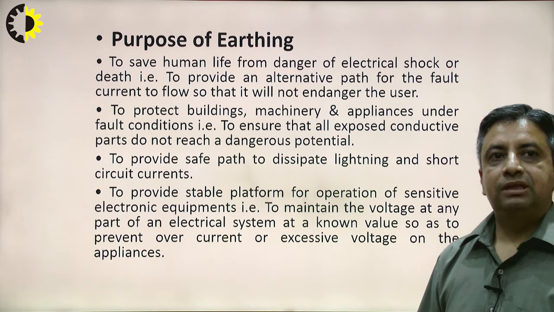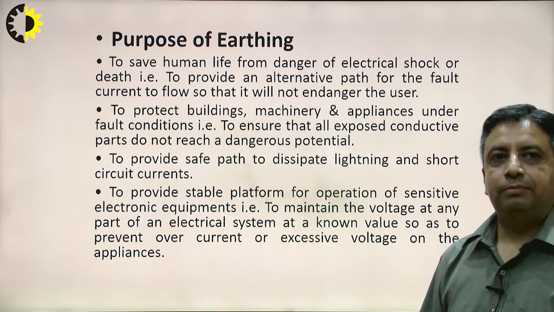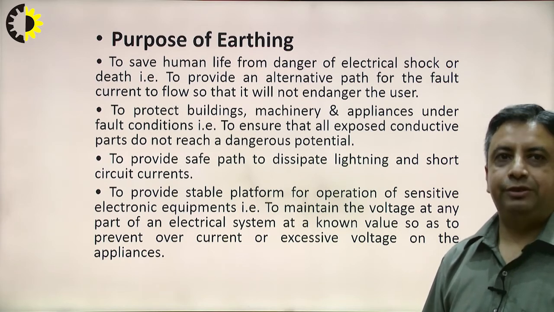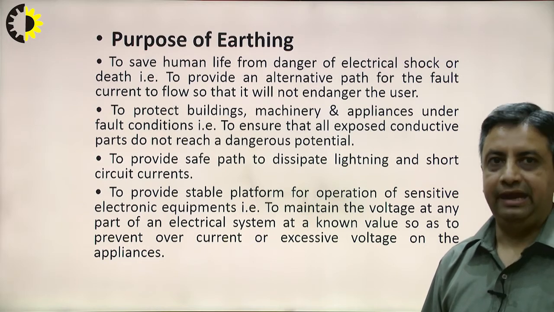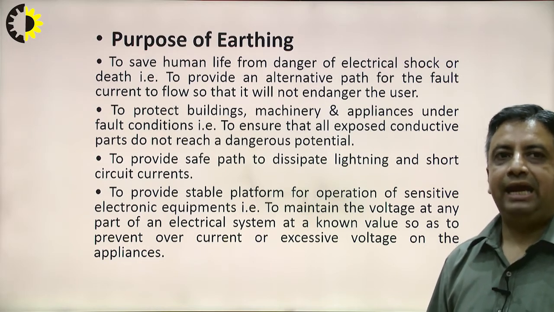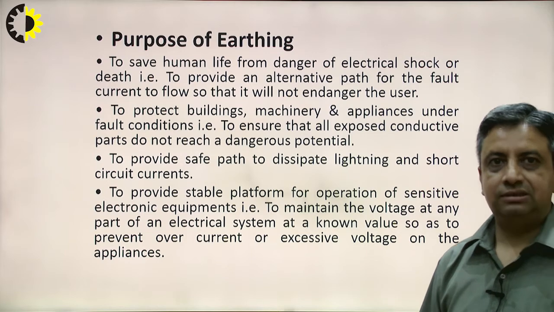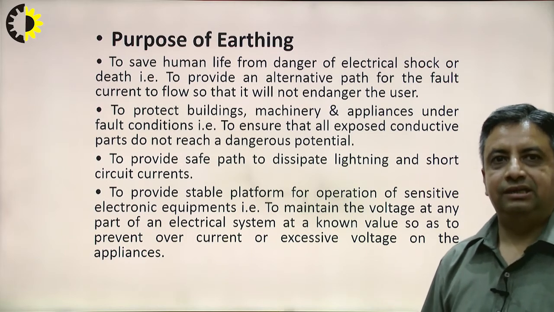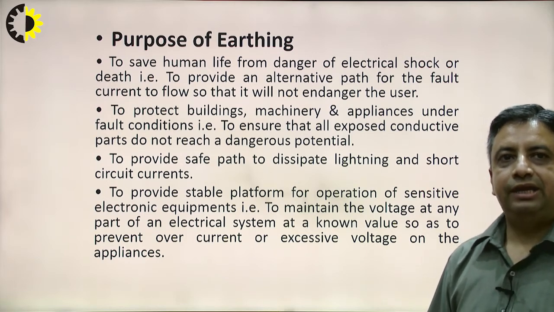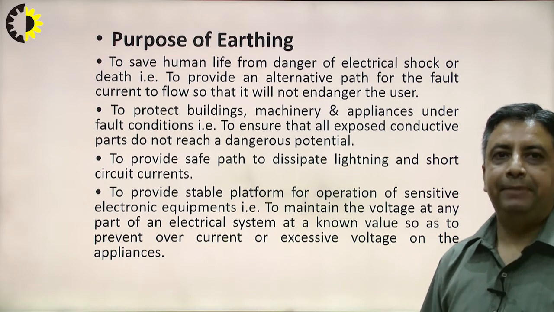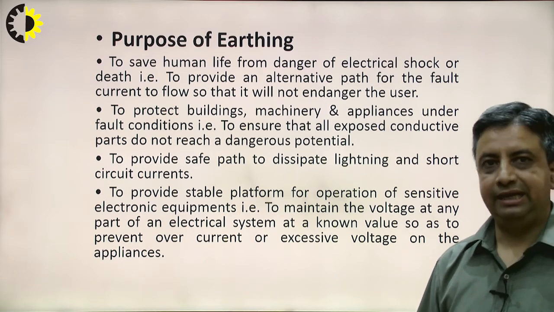As I told you in the example, suppose we are using an electric iron, and by any chance, under a faulty condition, the wire comes in contact with the metallic part of the electric iron.